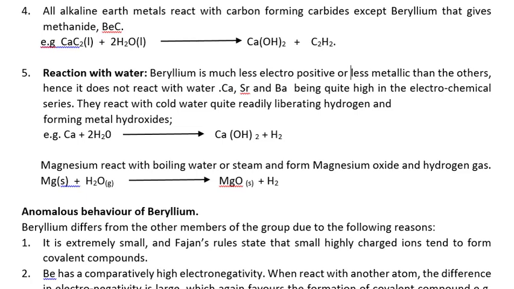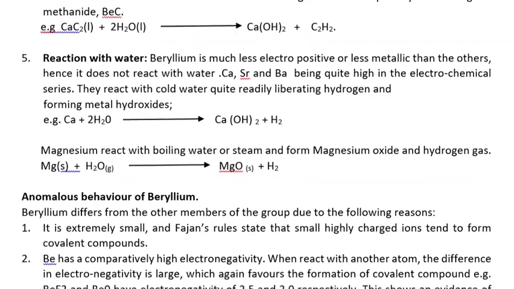So baada ya hapo tuna magnesium, ambayo reacts with boiling water or steam to form magnesium oxide and hydrogen gas. Reaction ya magnesium na water ambayo nilieleza kule nyuma kwenye period 3, we also repeat to read it in group 2 elements.